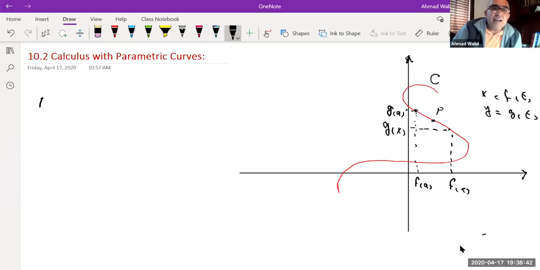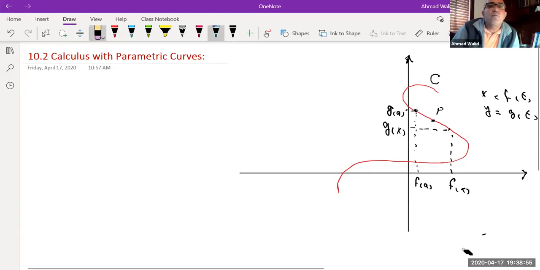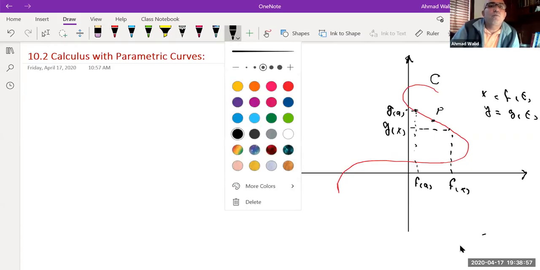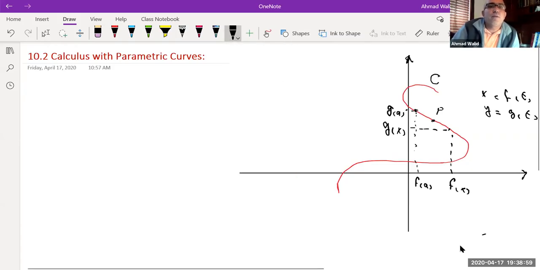If I name that function capital F, I can represent this as y equals capital F of x.